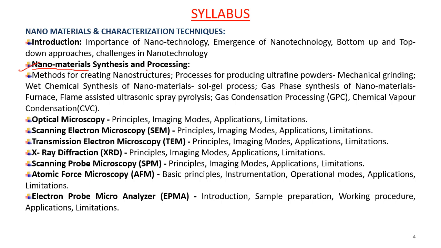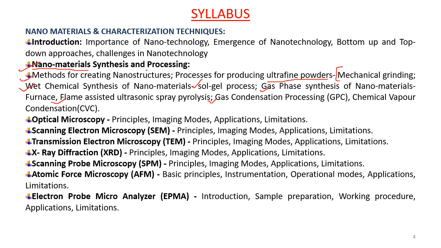Under this we are going to know more about methods of creating nanostructures by different processes like the ultrafine powder method, which includes mechanical grinding. Then we will know about wet chemical synthesis of nanomaterials by the sol-gel process, gas phase synthesis of nanomaterials, then flame assisted ultrasonic spray pyrolysis.